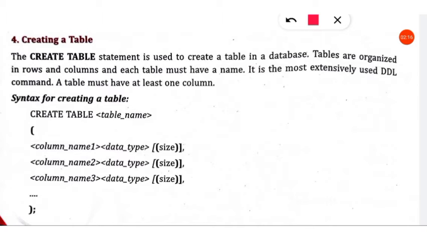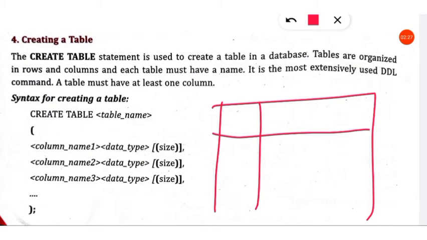Then these types of brackets are called parentheses. Open the parenthesis. Inside the table we have different columns. You have to specify the first column name, what name you are going to give to the particular column, and what type of data will be stored in it.